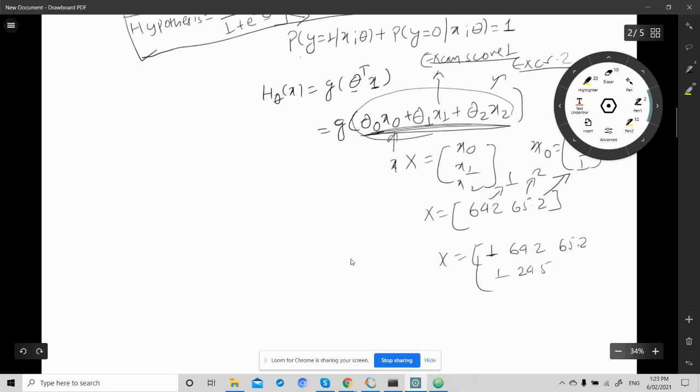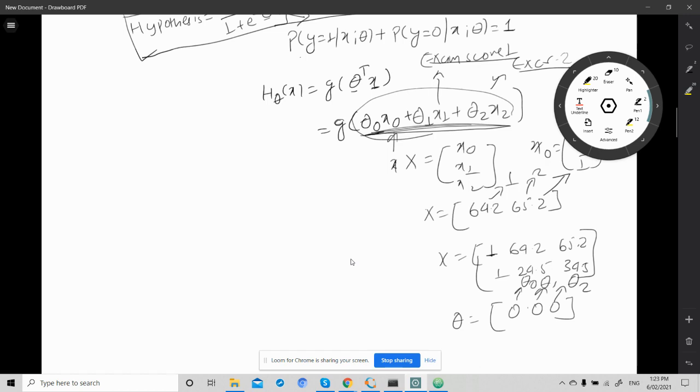So our x variable will be something like this. Once we have this, that will be our x, and our theta will be 0, 0, 0. This would be for theta naught, this for theta 1, and this for theta 2.